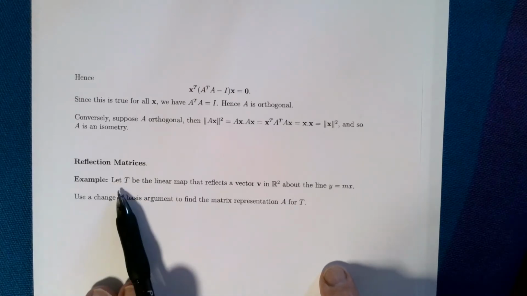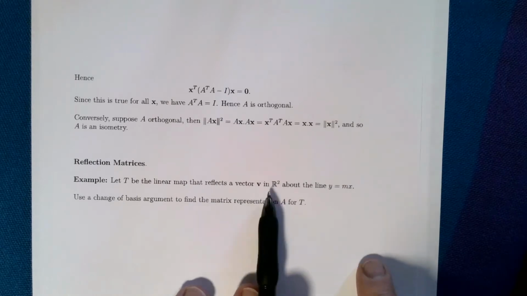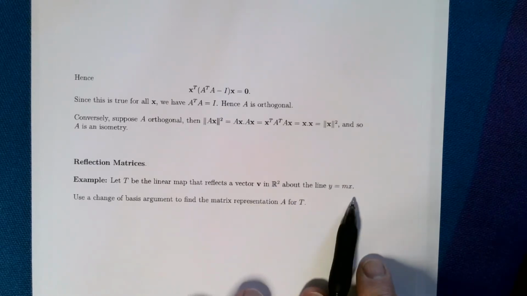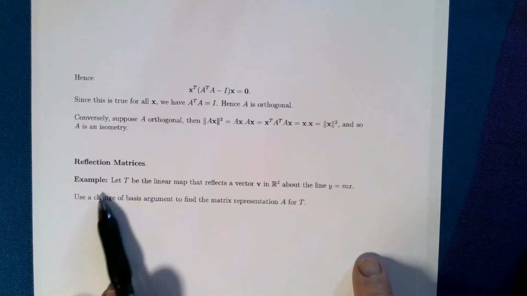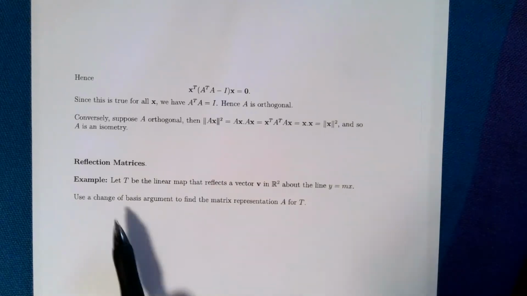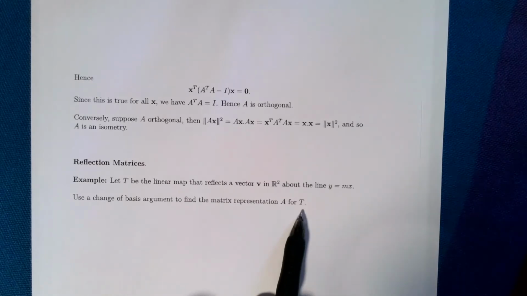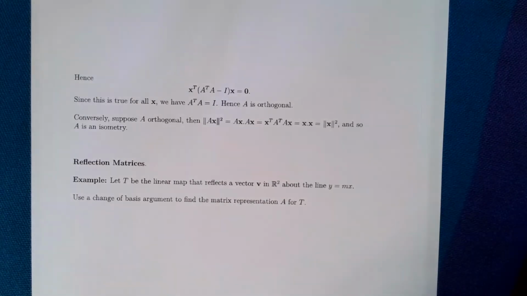So we take T to be the linear map that reflects a vector in R squared about some line y equals mx. And we're going to use the idea of a change of basis argument, which you will have seen, I hope, in an earlier course in linear algebra, to find a matrix representation A for this linear map T.